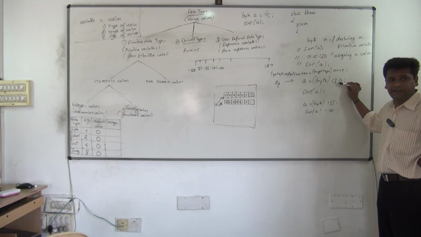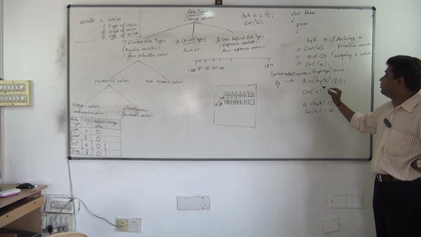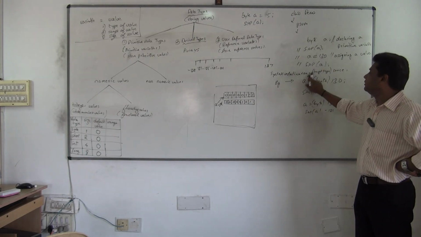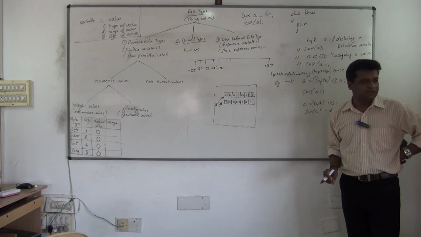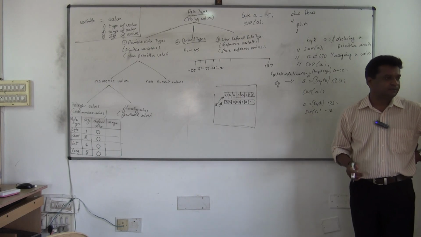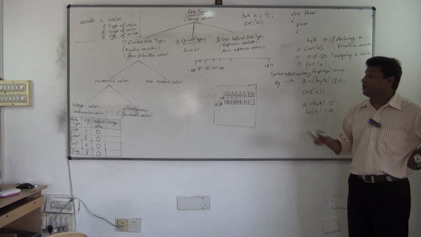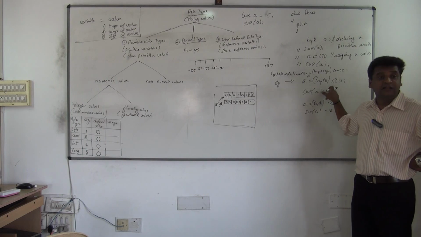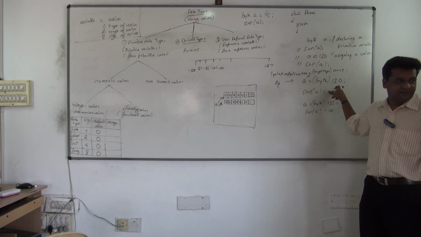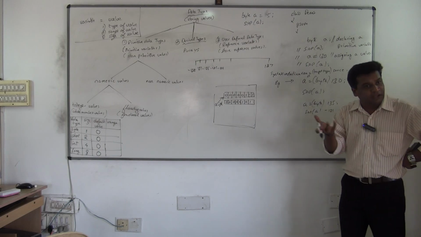And actually what this syntax means is, by default, if you write A is equal to 130, the compiler will not allow you. It says, hello boss, check the value you are giving. But here you are telling the compiler, I know it is of type byte, and I want it converted to type byte.